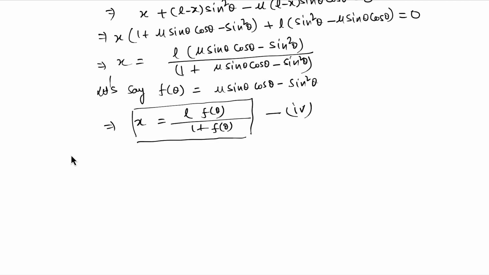Okay, so for max x, dx by d theta should be 0. What is dx by d theta?